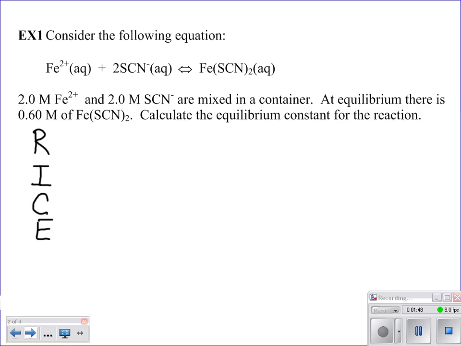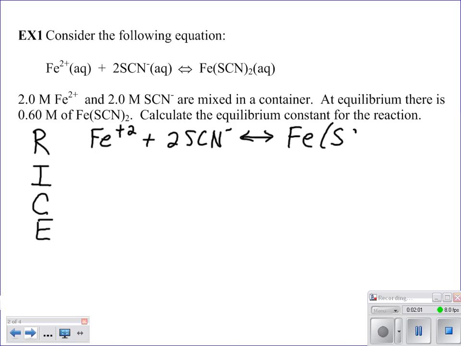So I'm rewriting my reaction. That's Fe2+ plus SCN-, and that's a reversible reaction. It goes to FeSCN2+. So there's our reaction.